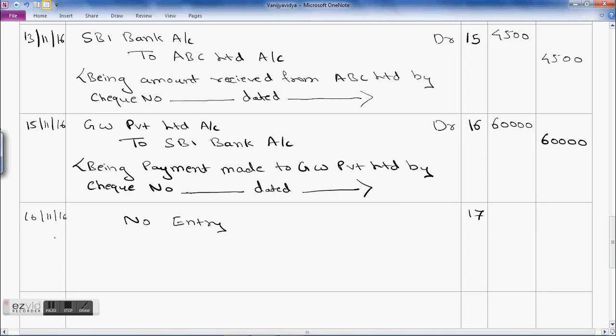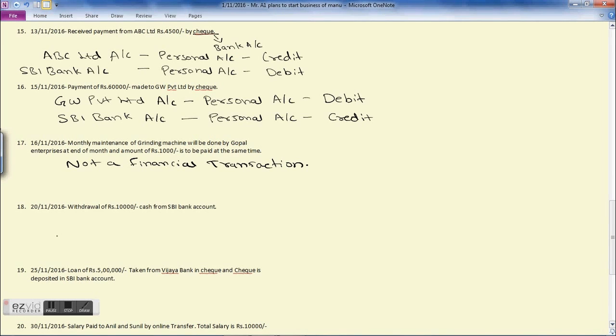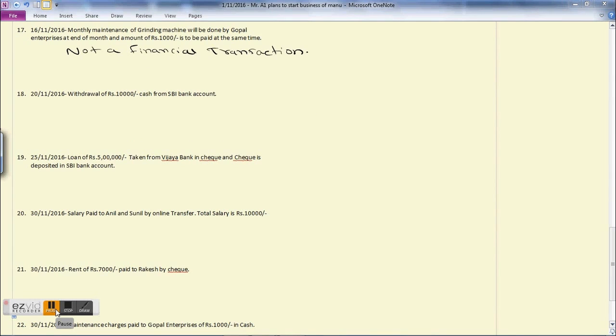Okay, now let's look at the next transaction. Transaction number 18. Withdrawal of rupees 10,000 cash from SBI bank account. So he has withdrawn rupees 10,000 in cash from the SBI bank account. What are the two accounts that are affected?